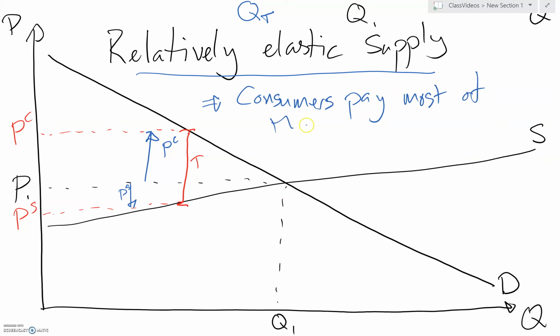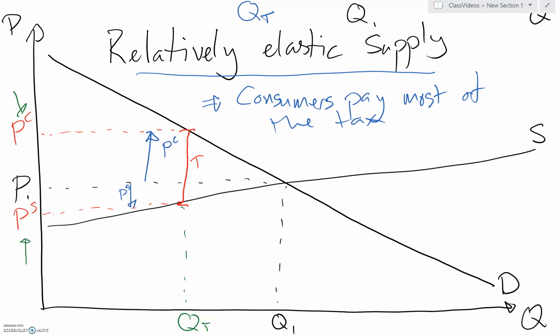Okay, so remember, going back to the previous video, the result we arrived at was that it doesn't matter which side of the market the government taxes, the outcome is still going to be the same. And by that, we mean that we're going to get the same quantity with a tax, and the same price consumers pay, and the same price sellers receive.